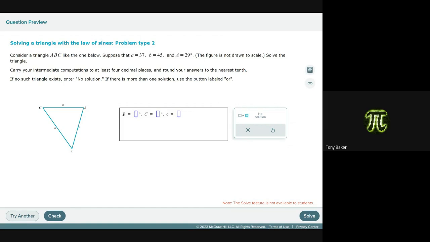So you have to look at it and say, okay, if it comes up to be a side-side-angle, like we just had, you have to know that there is a possibility of two triangles that would work. So we have to check that. It's always a possibility. Doesn't always happen, but it is a possibility.